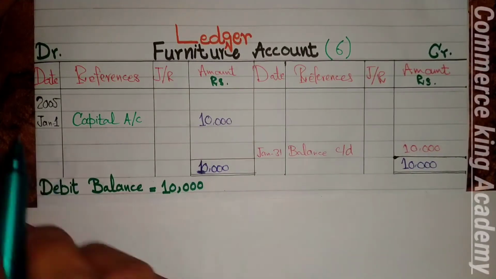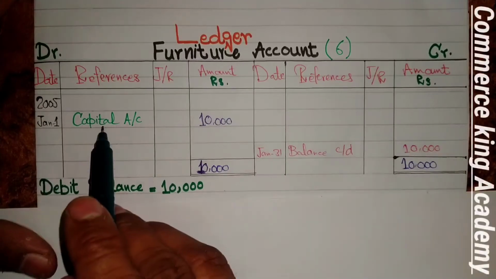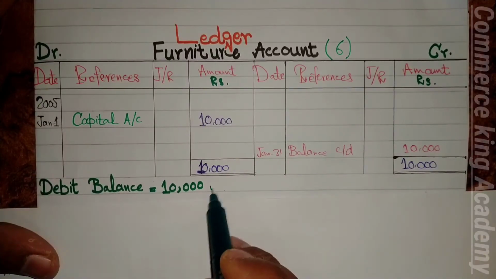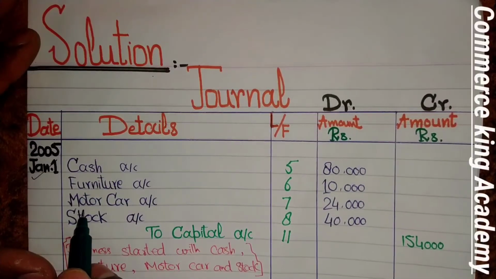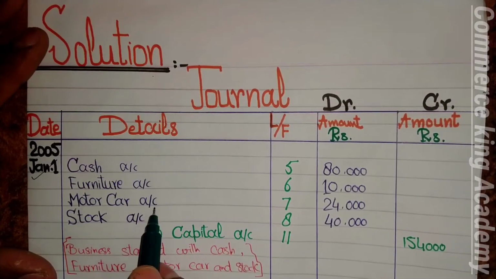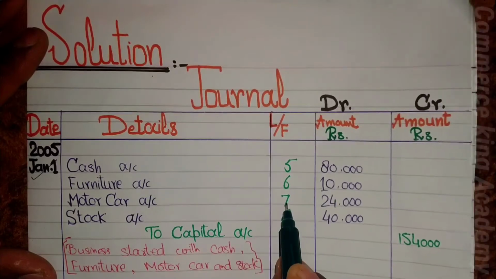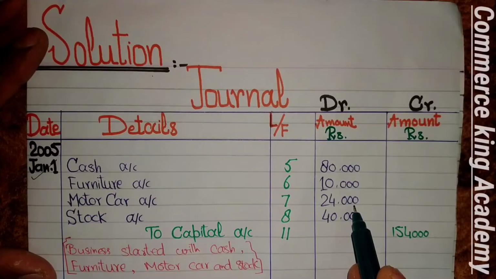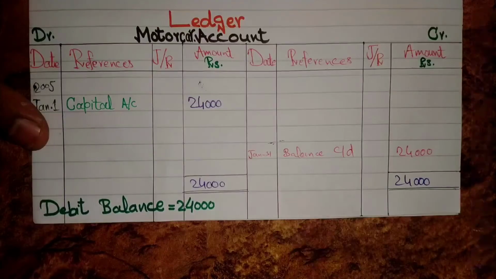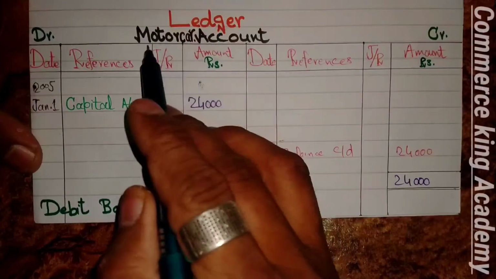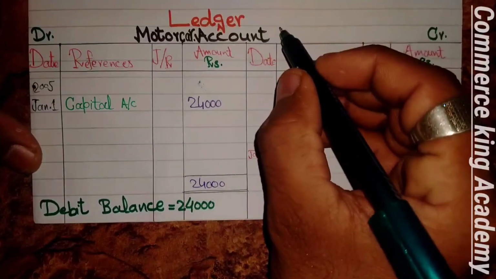So we have debit side heavier than credit side here, so ultimately we have a debit balance of furniture account. Clear? So our next account for making the ledger is motor car account with ledger folio number 7, amounted 24,000 rupees. Motor car account is debited by capital account here. You can see here, this is the ledger of motor car account with ledger folio number 7.